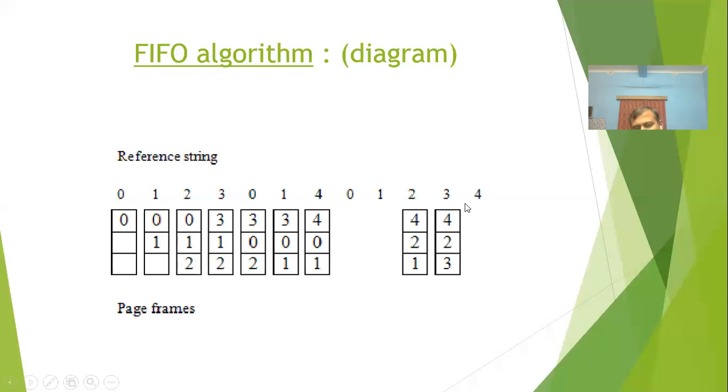So again, we will replace page 1 by 3 because 1 is the oldest frame here, and ultimately we require a reference for page number 4, but that page is already in the memory, so no page fault will be there. So finally we will have 1, 2, 3, 4, 5, 6, 7, 8, and 9 page faults for this particular reference string.